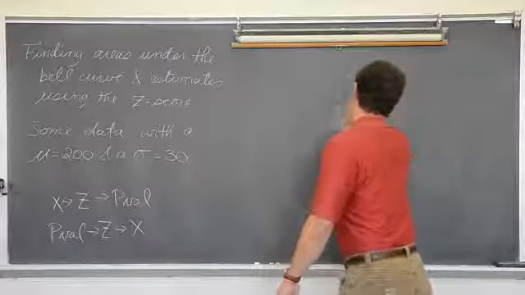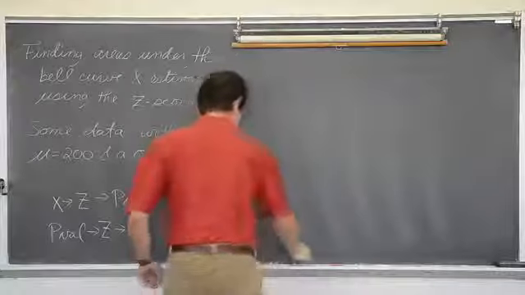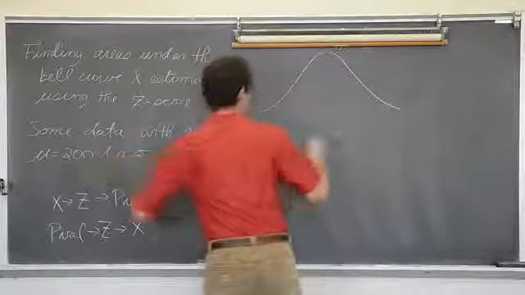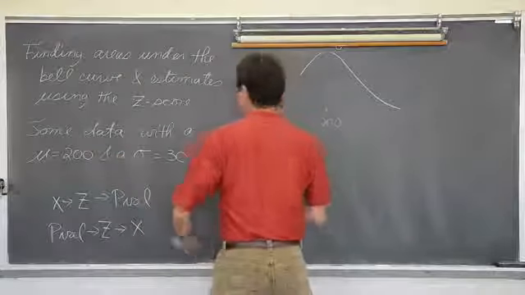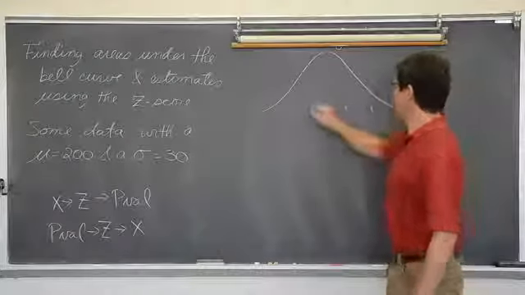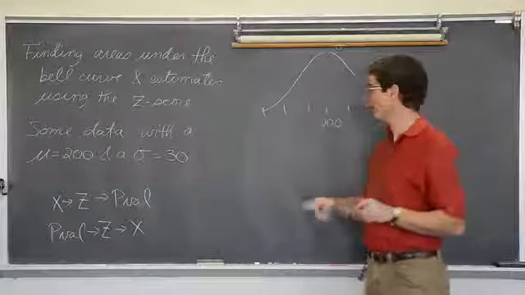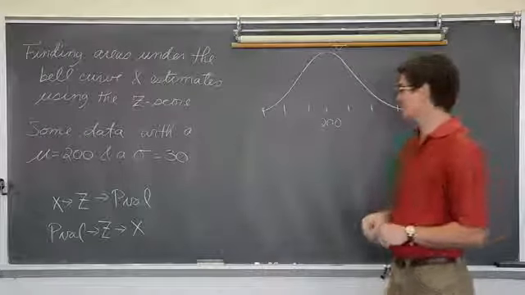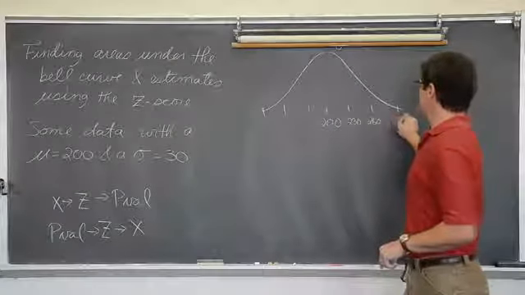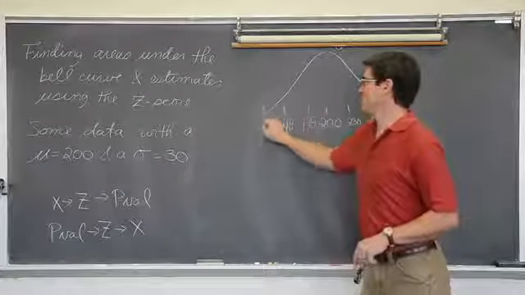What if I ask you, let me get my distribution back up here. We have a normal distribution, again, with a mean of 200 dead in the center, and a standard deviation of 30. By the way, if I was doing a quick sketch of this normal distribution, because of the 68, 95, 99.7 rule, I could put tick marks where my standard deviations are, and that would be 200, 230, 260, and 290, 170, 140, and 110.